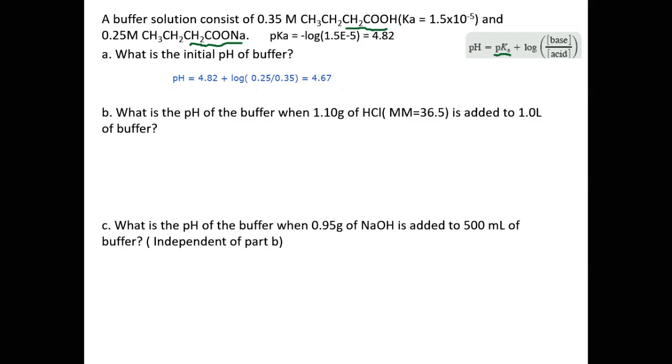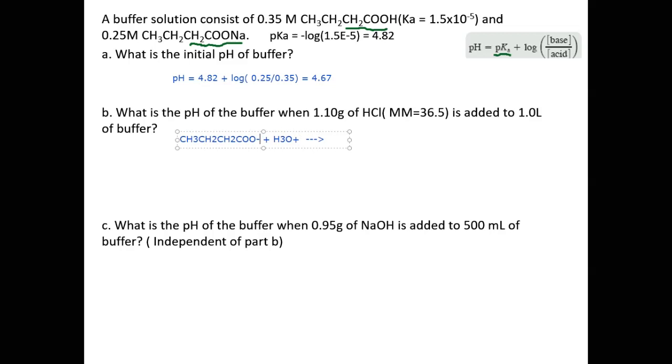So what we have to remember here is that when you add an acid, it's going to react with the weak base. Excuse me, that's butanoic acid and sodium butanoate.